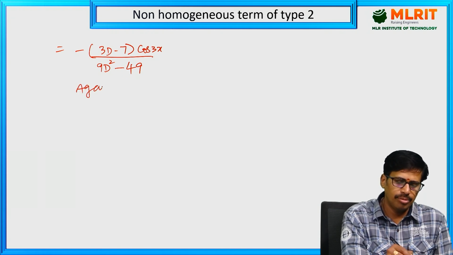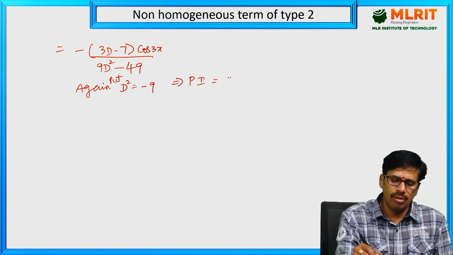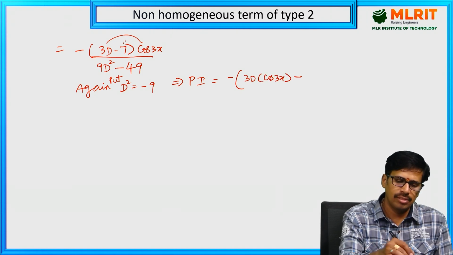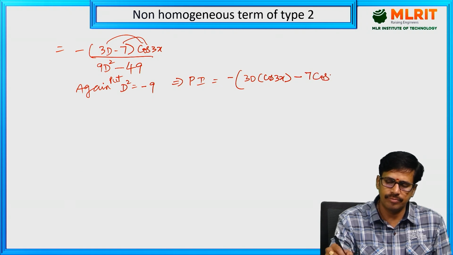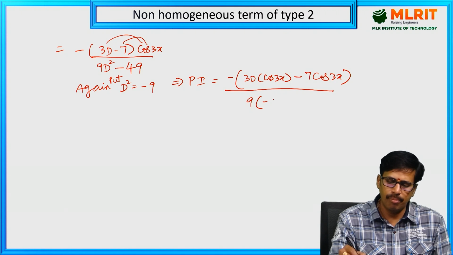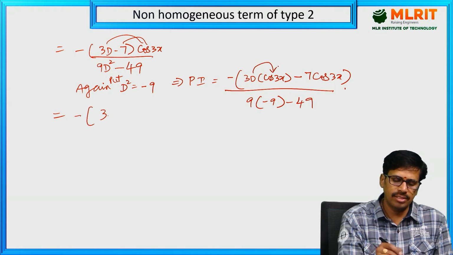Again put d square equal to minus 9. So what is the particular integral? Minus of 3d of cos 3x minus 7 cos 3x by 9 into d square, meaning minus 9, minus 49. So this is equal to minus of 3 into, what is the derivative of cos 3x?